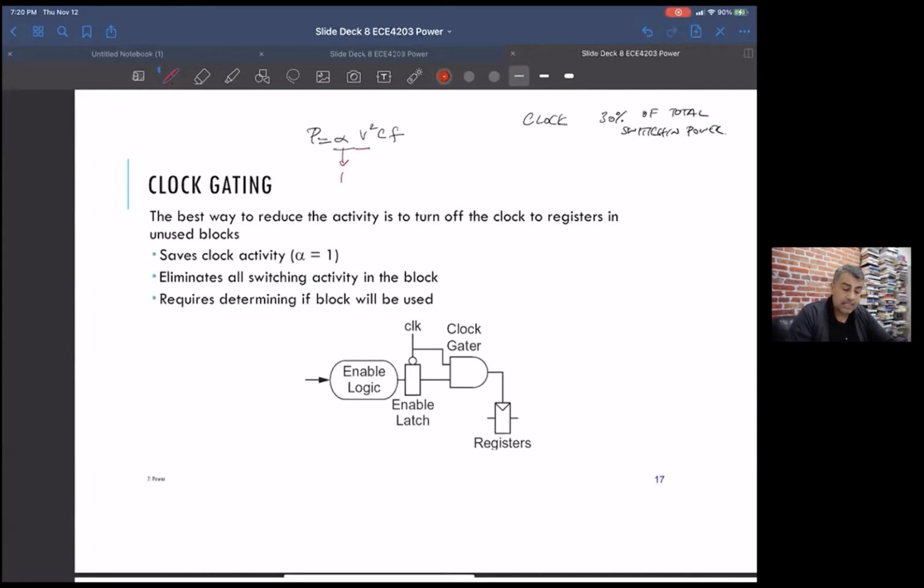Now, capacitance. Imagine a 1 billion transistor circuit. How many flip-flops might you have, how many latches? You're going to have a lot of those. So the capacitance on the clock node is going to be huge.